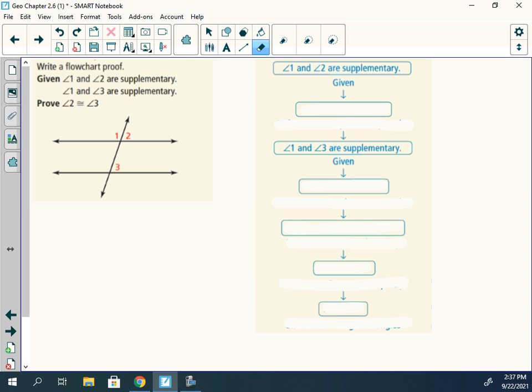They add up to be 180 degrees. So if 1 and 2 are supplementary angles, it means their measures add up to be 180. So from that, I can say that 1 and 2 add up to be 180 degrees because that's just the definition of supplementary angles. But it also means that 1 and 3 will also add together to be 180 because we were told that they are supplementary angles.